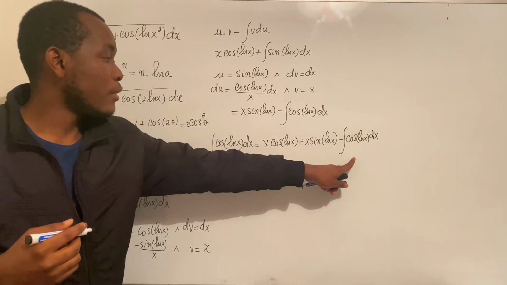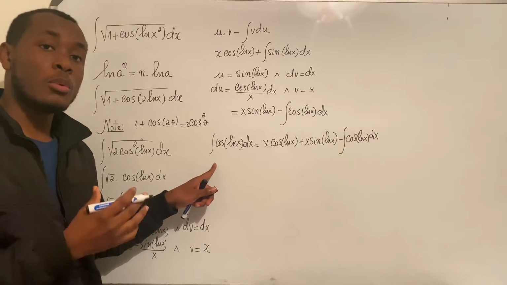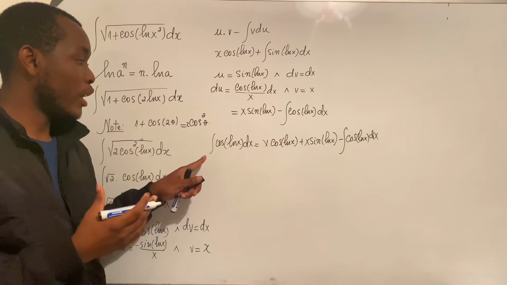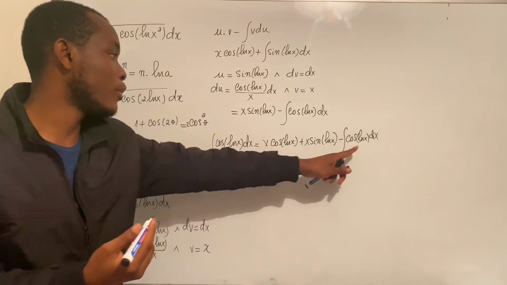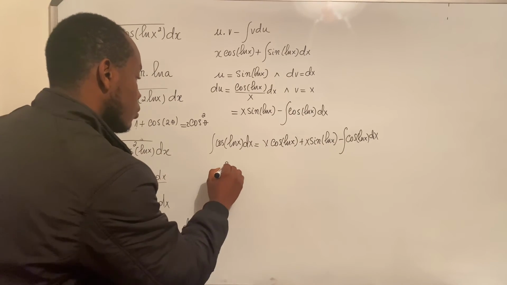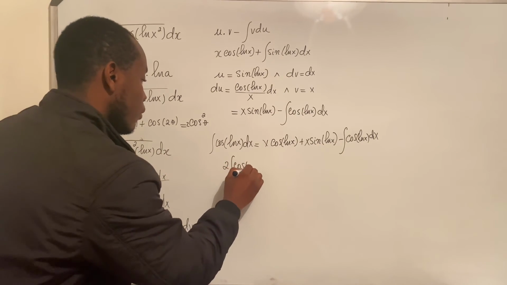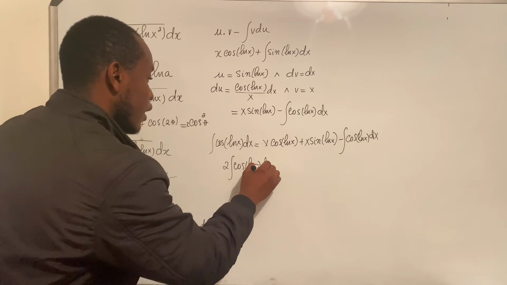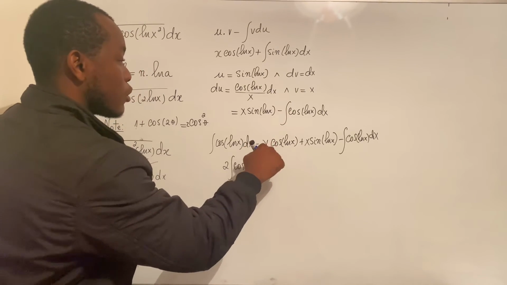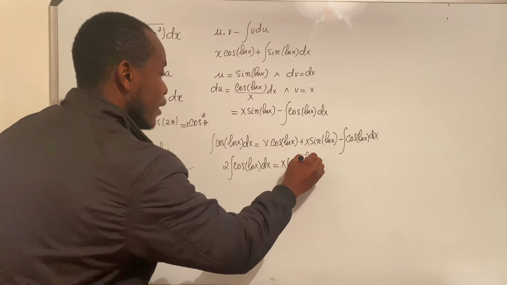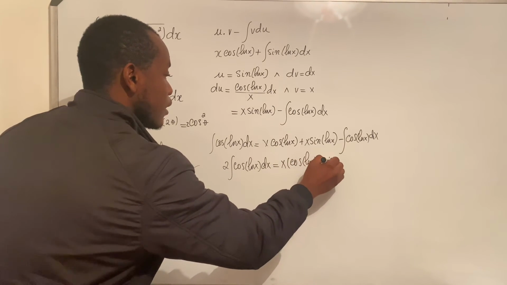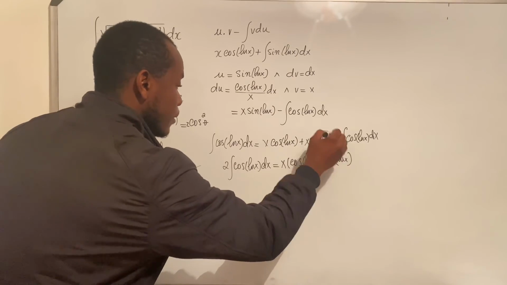So this is negative, and it can come to the other side as positive. Then they add one another. Adding two equal expressions will be 2 times that expression. So 2 times the integral of cos of ln x dx is equal to this expression, where I can factorize x to get x times cos of ln x plus sine of ln x.